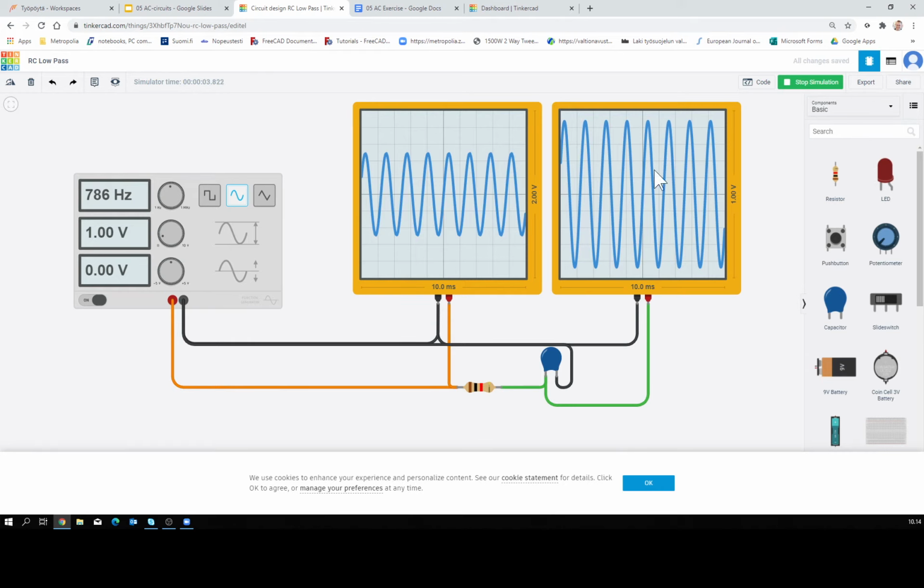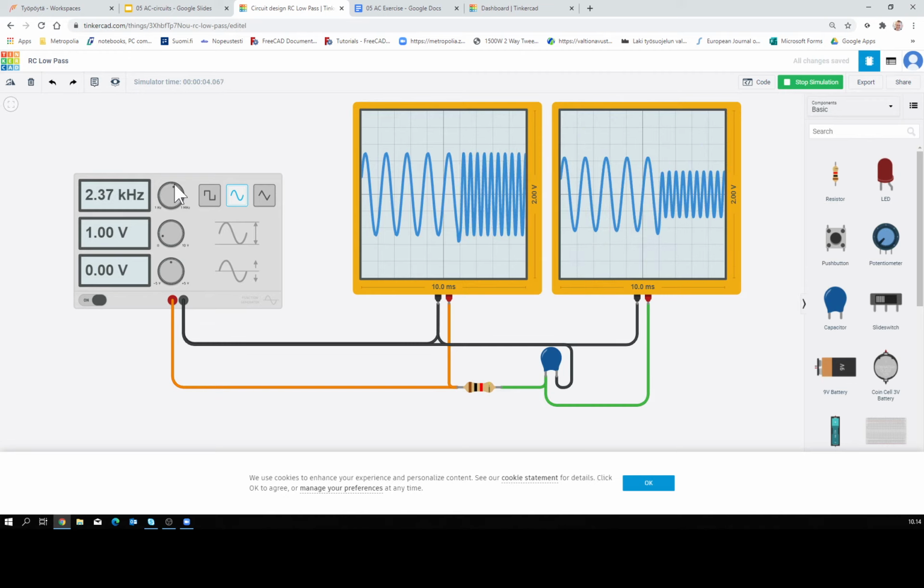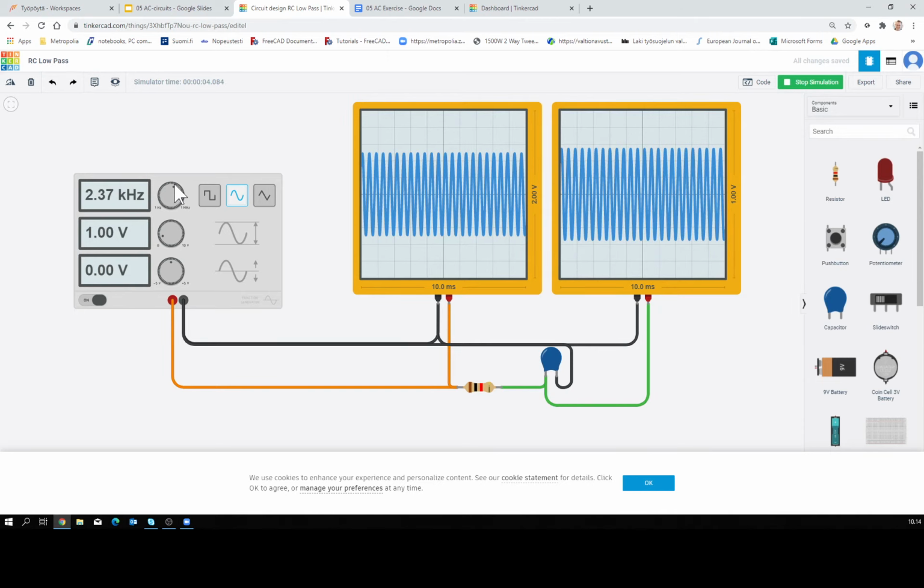So on the rightmost function generator, the whole range is 1 volt. So this is already less. So it's about 0.9. Higher frequency again, and now we have the peak to peak something like 0.5.